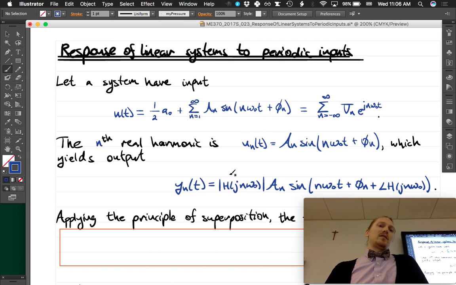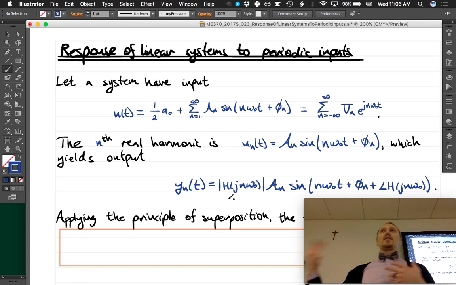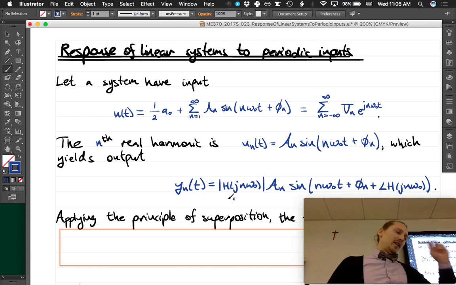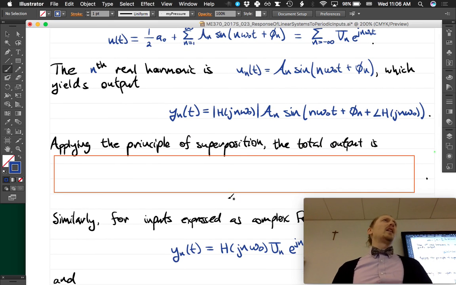We could just take the nth one and write it, and therefore, using superposition, we know that if you sum up a bunch of inputs, you can just sum up a bunch of outputs that correspond to each input separately, right? So it's pretty great. Only applies to what type of systems? Nonlinear systems? Does it apply to those? Superposition? No. Doesn't work for nonlinear systems. It only works for linear systems.